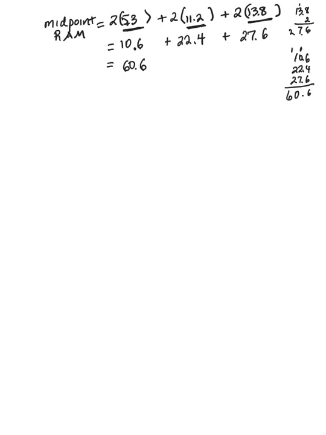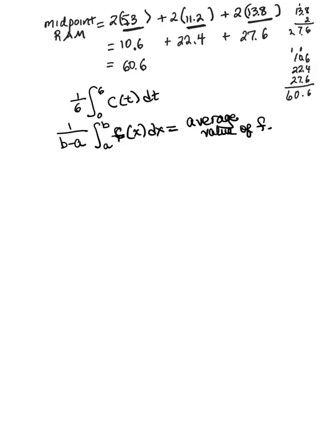and they're asking us, what does this expression mean? So we're asked, what does the expression 1/6 integral from 0 to 6 of C of t dt mean? Okay, we haven't learned this yet, but this represents the average value of the function. So the formula for that, which we will learn in class, is 1 over b minus a times the definite integral from a to b of f of x dx.